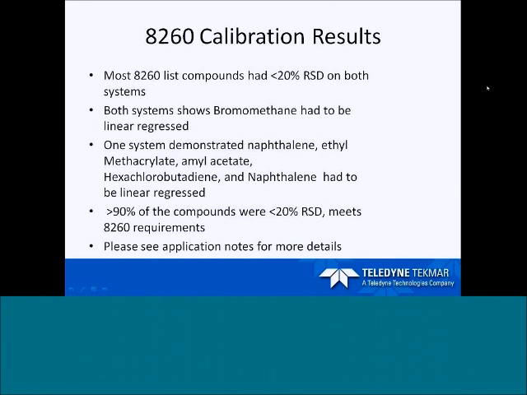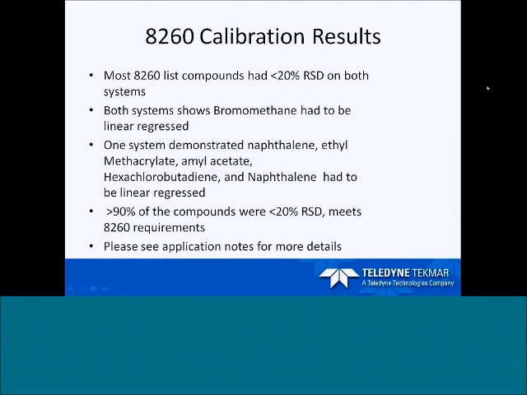Right, and just to go over the 8260 calibration results, most of all the compounds on 8260 had less than a 20% relative standard deviation. Both systems that we ran it on showed bromomethane had to be linear regressed, but it still was above 0.99.